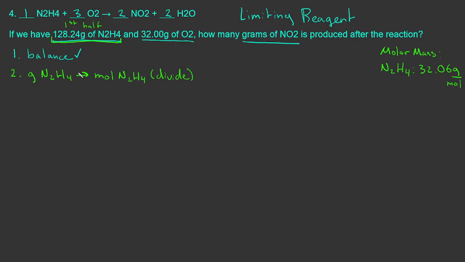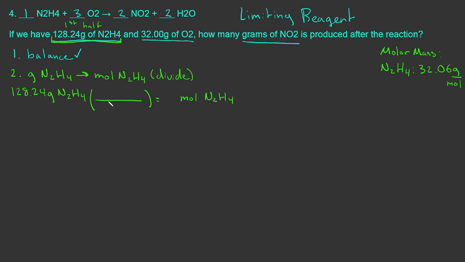And so whenever we go from grams to moles, we divide. So we have 128.24 grams of N2H4, and we have to use a ratio to get us to moles of N2H4.